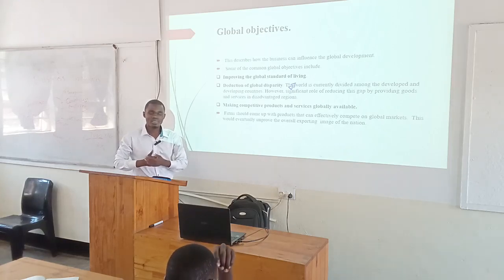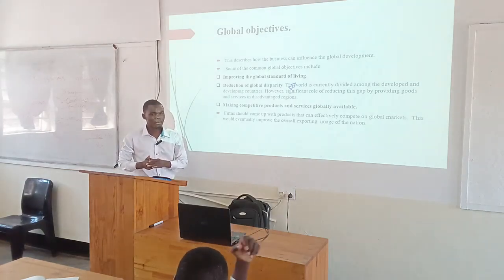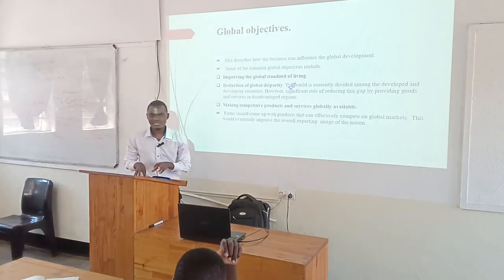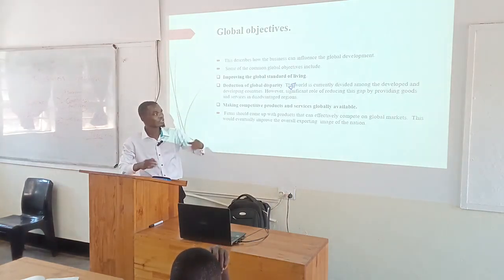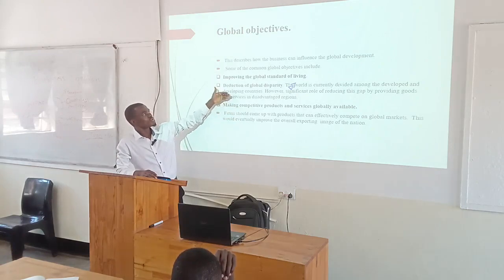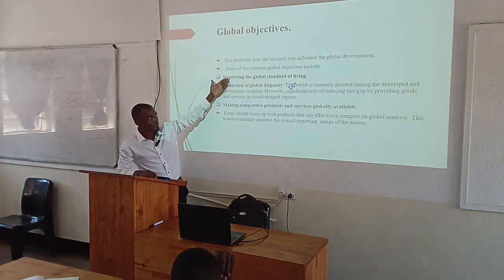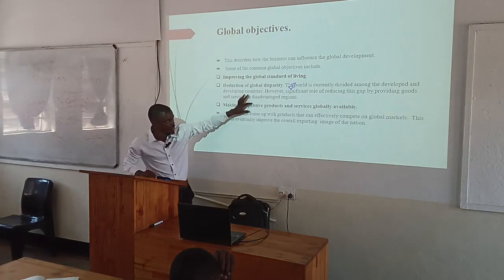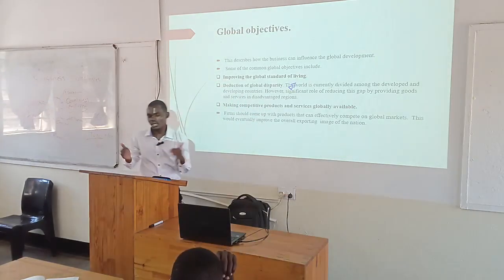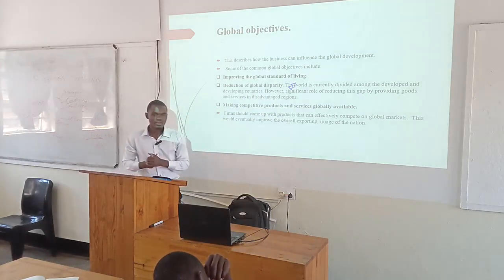So what are these companies? Examples? Yes, so the University of Livingstonia has students who are based in other countries. So it means they are also improving, one, the standard of living. Two, they are also making competitive products and services accessible globally.